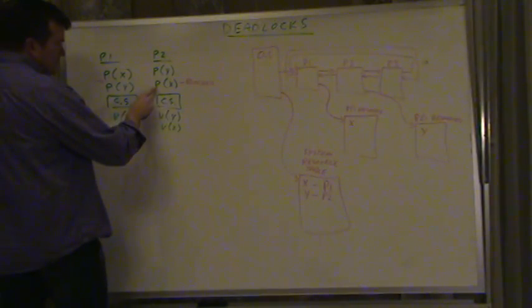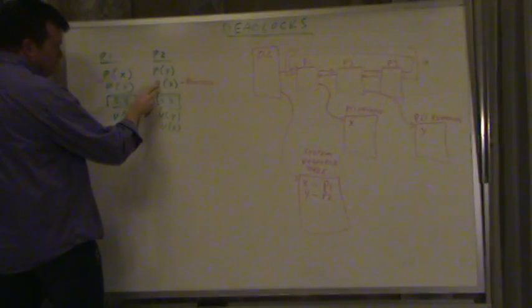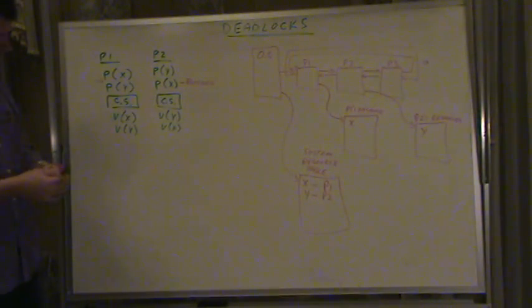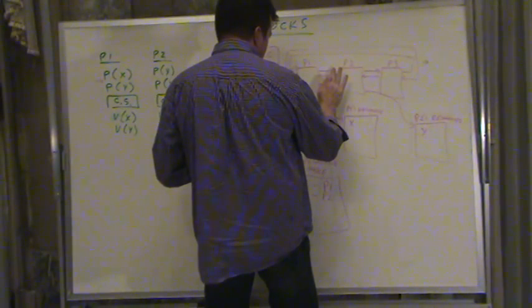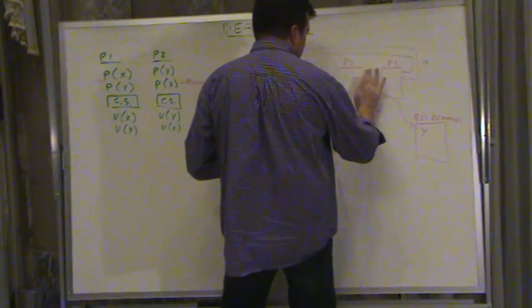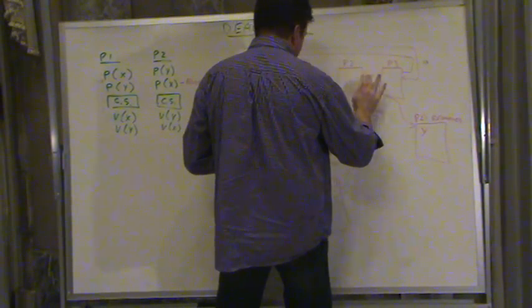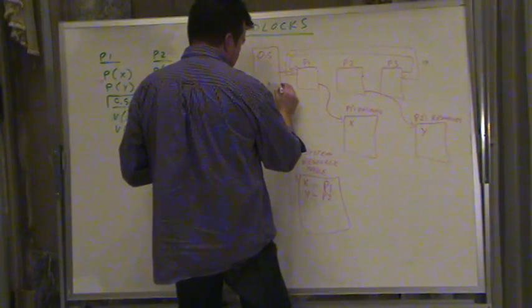So the operating system now at this point, when process 2 asks for resource X, apparently process 2 would get moved because resource X is not available. Process 2 would get moved to the X queue. So somewhere in here is the X queue.